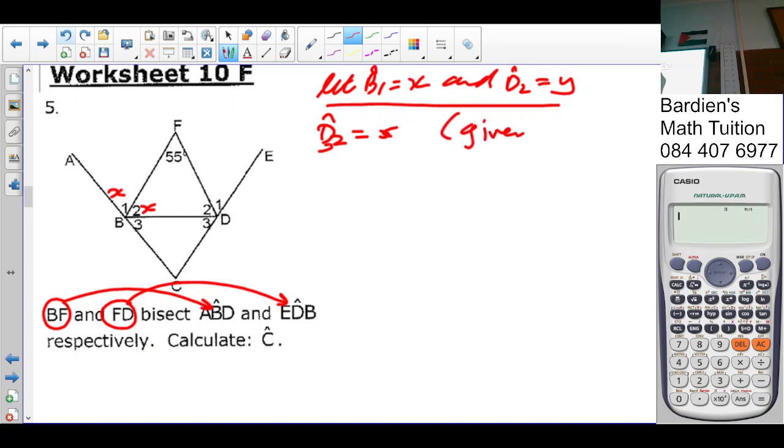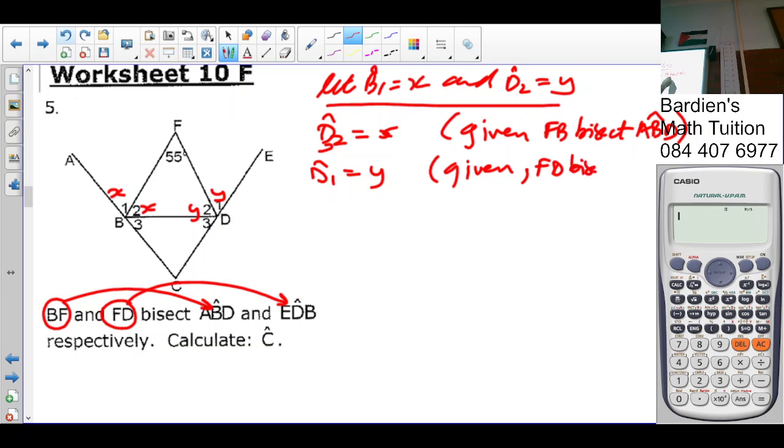It's given that BF bisects ABD. We let D2 be Y, so D1 is also Y. Why? It's given that DF bisects angle BDE.